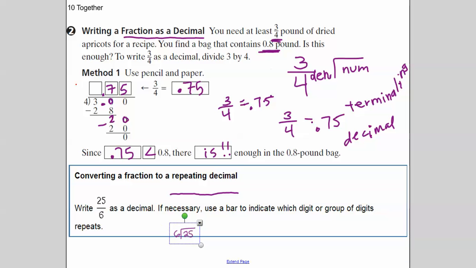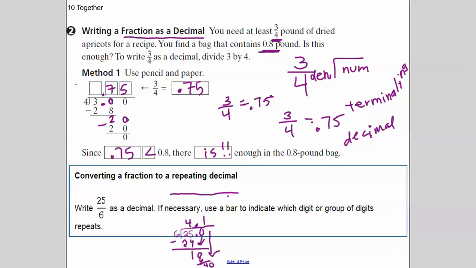So I have 25 divided by 6. It's a division problem, so how many times does 6 go into 25? It goes in 4 times. That gives me 24. I subtract and end up with 1, so I add a decimal and drag my decimal point up. 6 goes into 10 one time. That gives me 6.